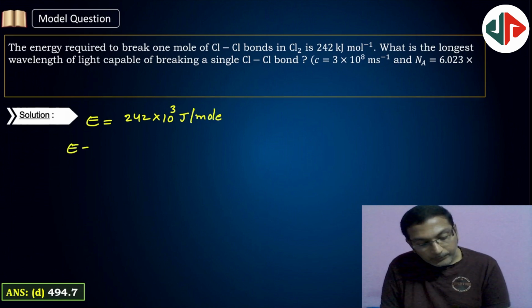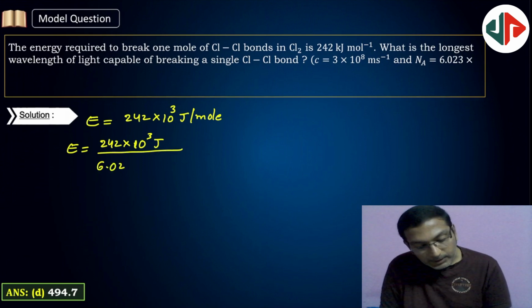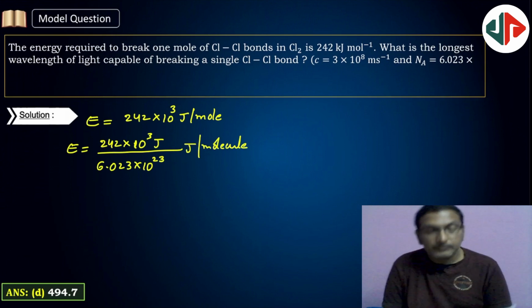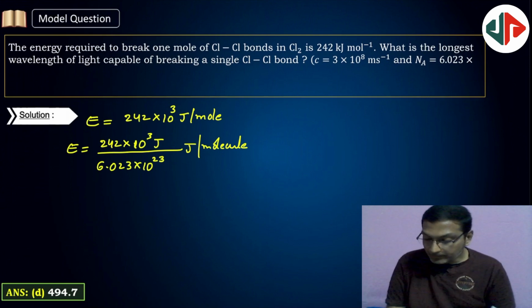Therefore, energy equals 242 into 10 cube by 6.023 into 10 power 23 joules per molecule, for one molecule energy.